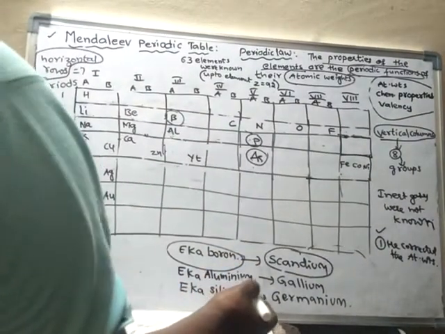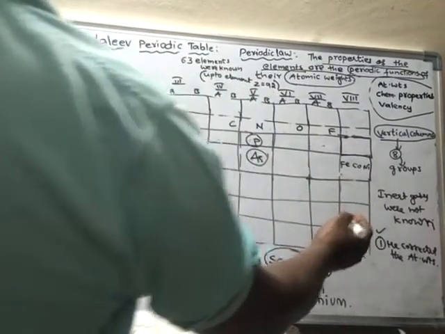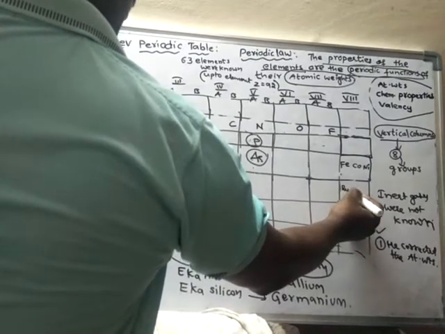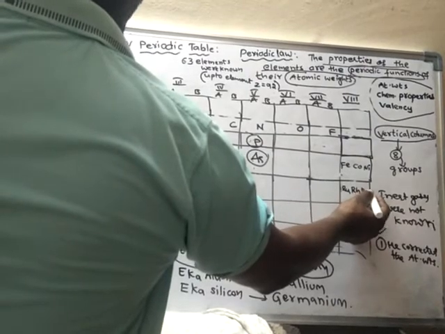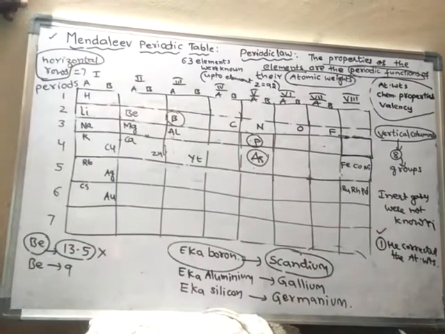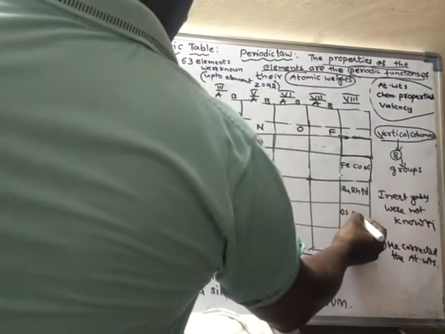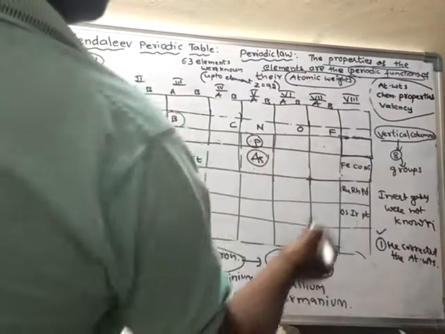Next, he arranged ruthenium, rhodium, palladium, and osmium, iridium, platinum. So like this.